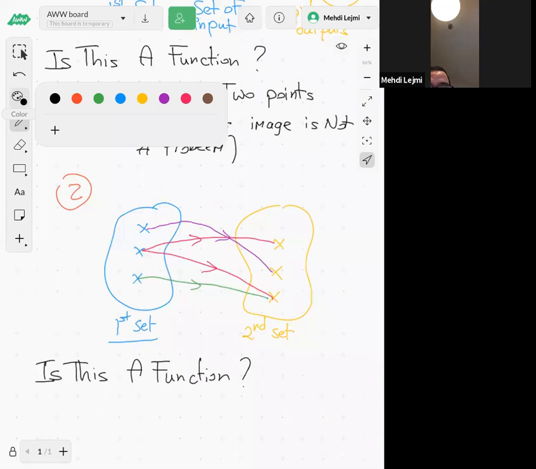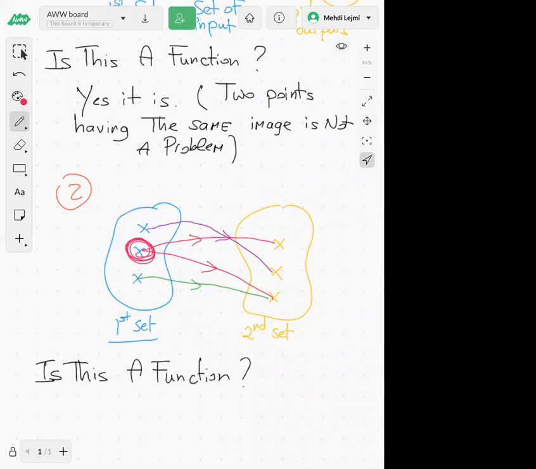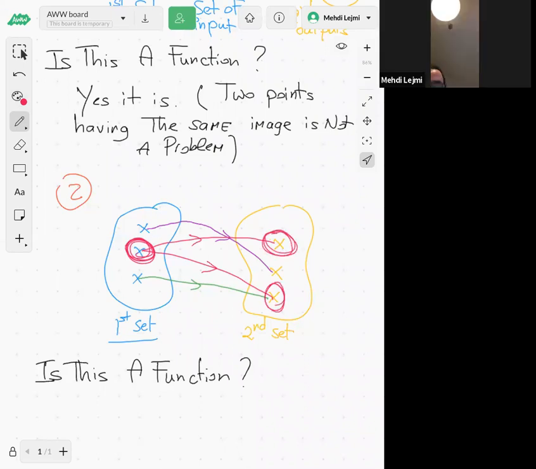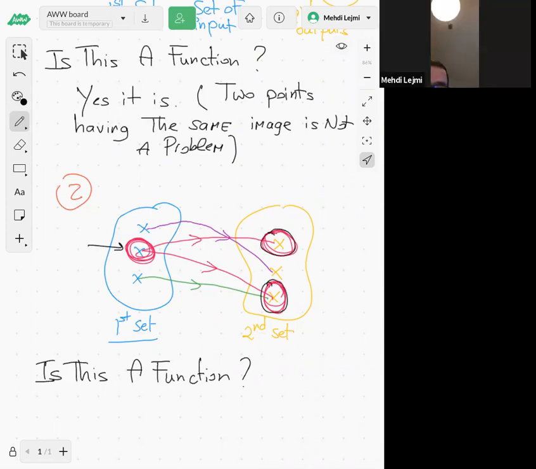This point here has just one. One input, one output, right? So the idea is each input has exactly one output. There's a problem with this point because it has 2 outputs. It goes here and here, right? So in this case, this is not a function.